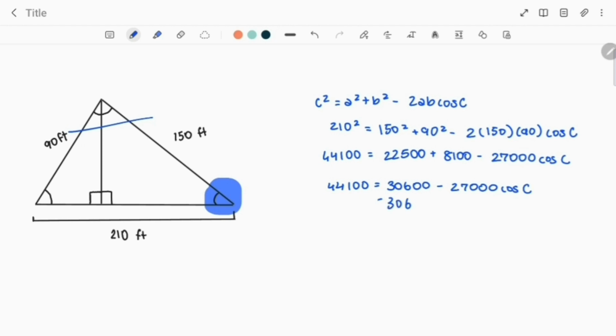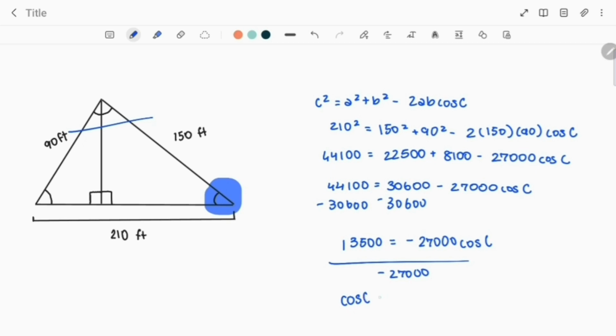Subtract 30,600 from both sides, and we will get 13,500 is equal to negative 27,000 cosine of c. Divide both sides by negative 27,000, and we will get that the cosine of c is equal to 13,500 divided by negative 27,000.